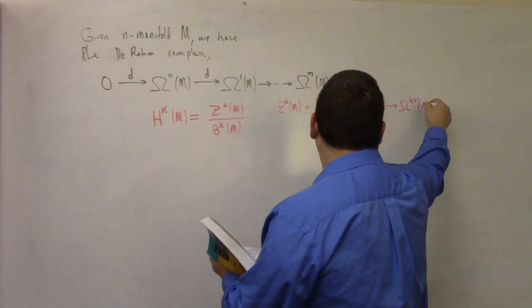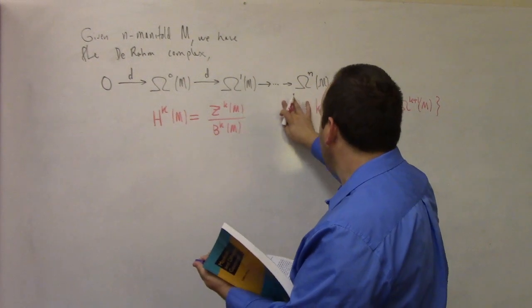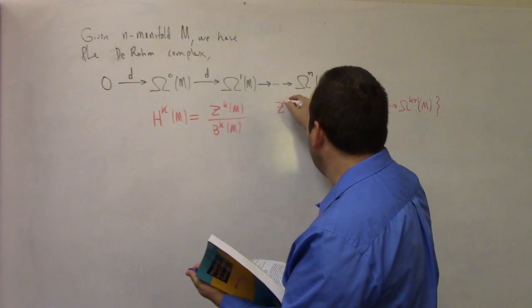In other words, the k-forms whose exterior derivative is 0.